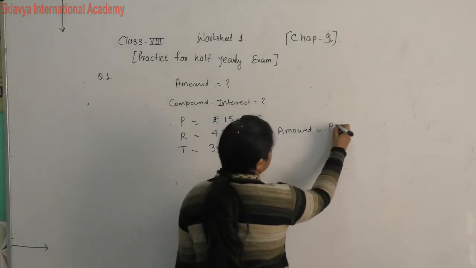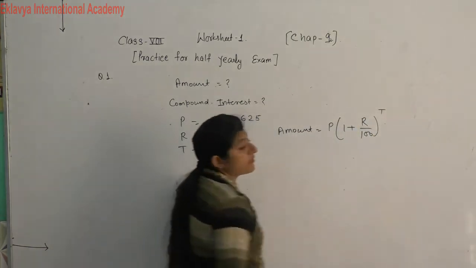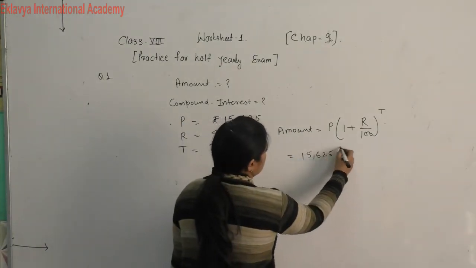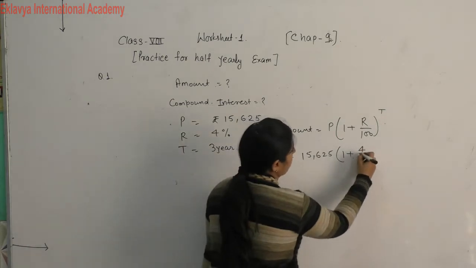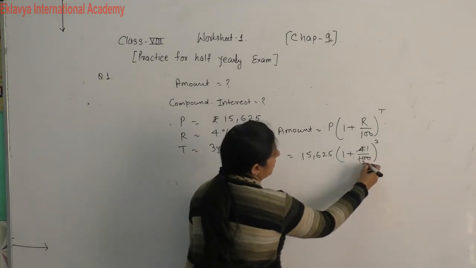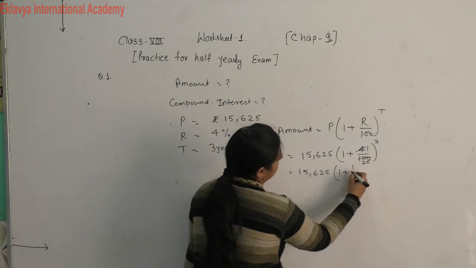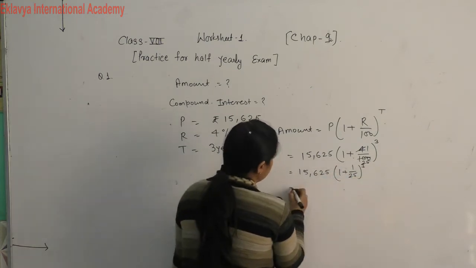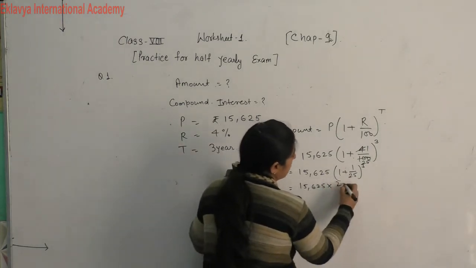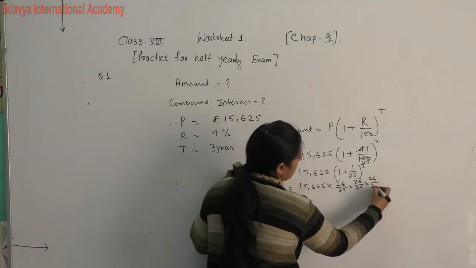Formula, we know that principal multiplied by (1 plus r divided by 100) to the power t, the time. Put the values: 15,625 into (1 plus 4 upon 100) power 3. 4 ones are 4, this is 25. 15,625 into (1 plus 1 upon 25) power 3. 15,625 multiplied by 26 by 25, 26 by 25, 26 by 25.